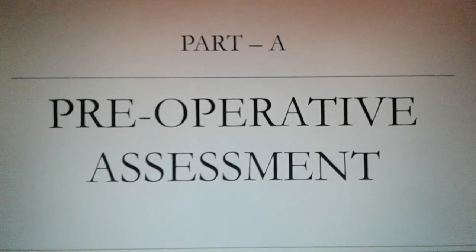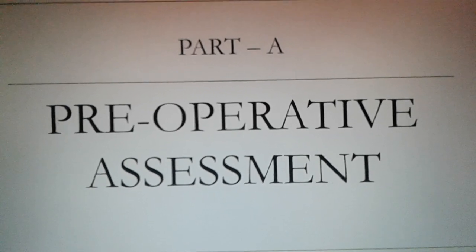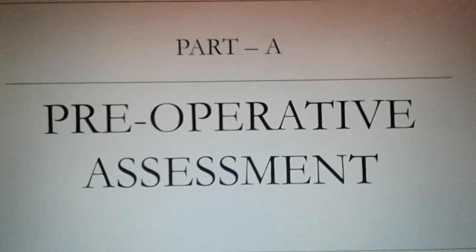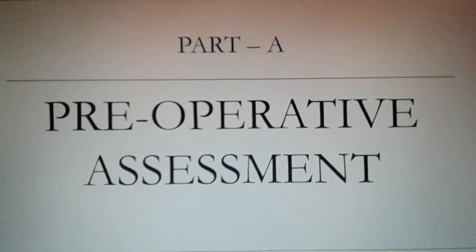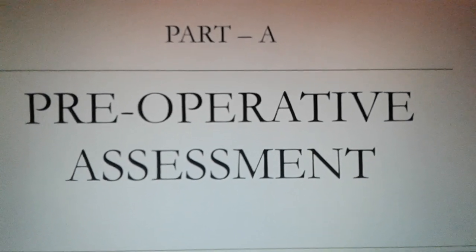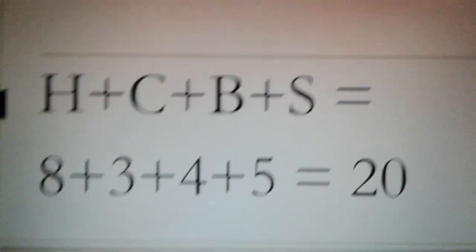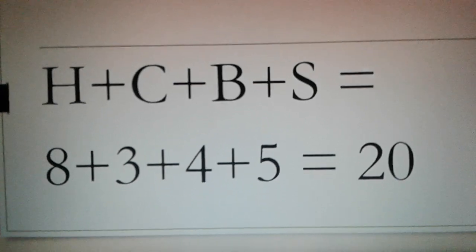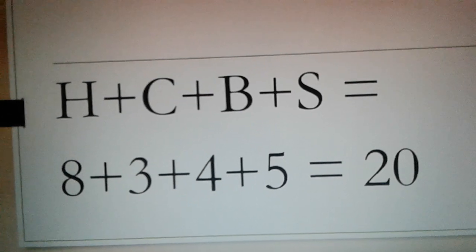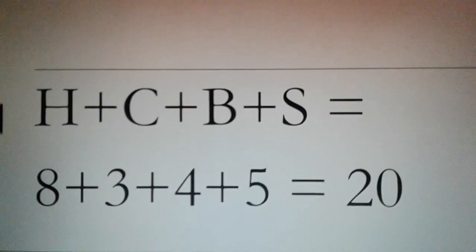This is known as pre-operative assessment, and by calculating these scores, the various scores we have allotted to various parameters in an objective manner, we can derive the part A of the ICH-based score, right? Pre-operative assessment. H plus C plus B plus S, 8 plus 3 plus 4 plus 5. Remember, 8 is history, then 3, 4, 5, add them up, maximum score 20.